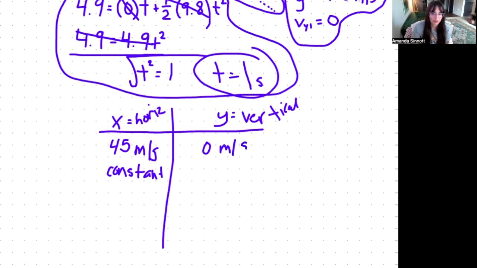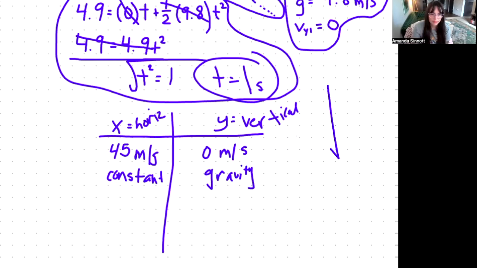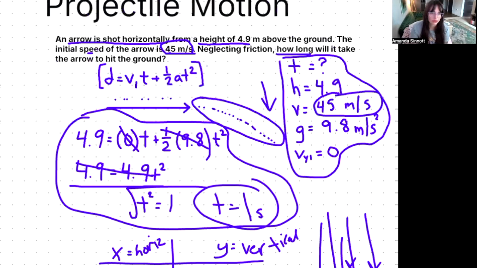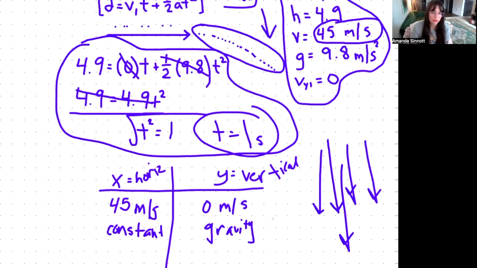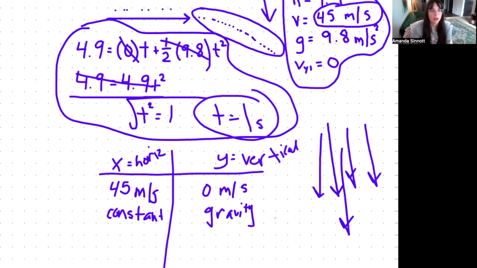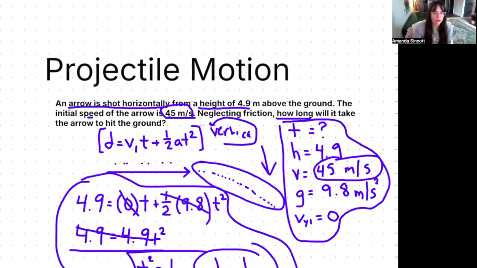We also have our gravity. If it's asking how long it takes something to fall, when something is falling, it's going down, so we are thinking vertical motion. So we'll use our vertical motion equation, and that would be this. Remember, gravity is going to determine the falling time. So this would be a vertical motion problem, and this would be our vertical motion equation.